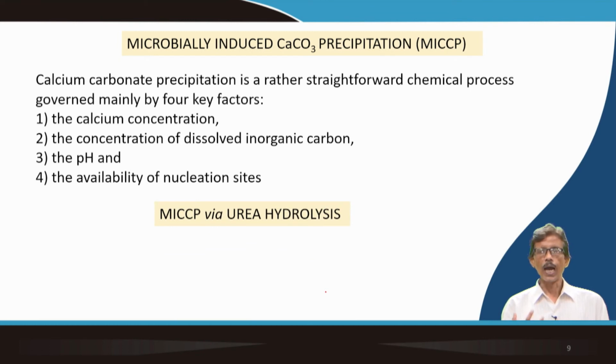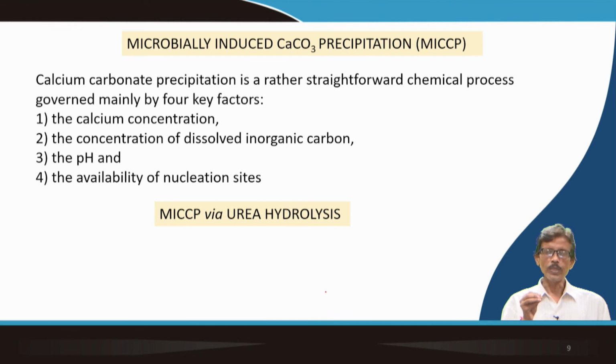Then, not only the hydration of carbon dioxide, but we can also think about urea hydrolysis. Already we studied only a few days back the urease molecule, the nickel-bearing metalloenzyme responsible for the hydrolysis of urea, giving carbon dioxide and ammonia.